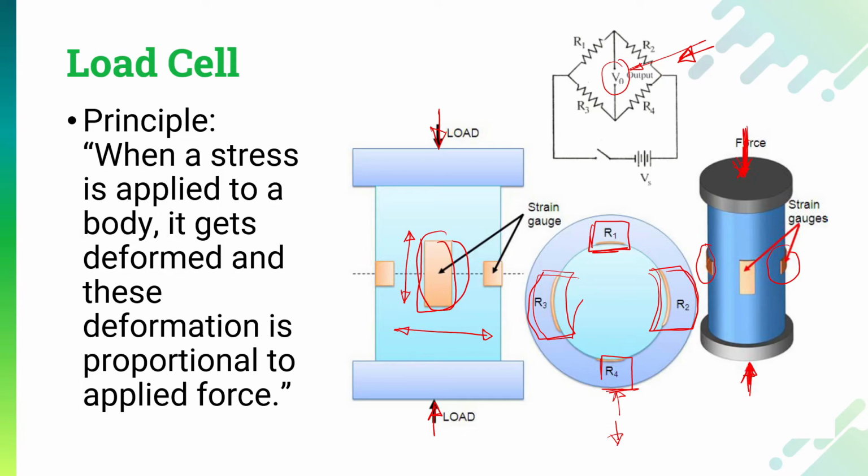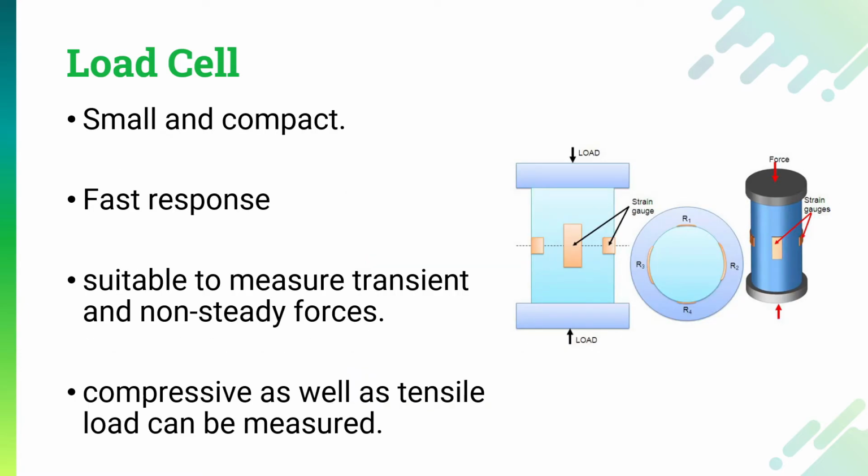Now, strain gauges are very simple and very fast to use. That's why in most cases such strain gauges are used, and strain gauge based load cells are also very popular. There are a number of advantages available.